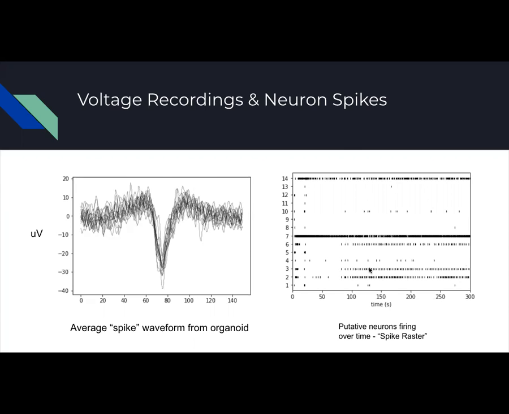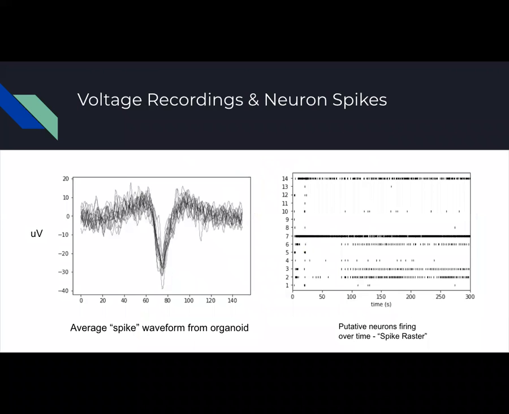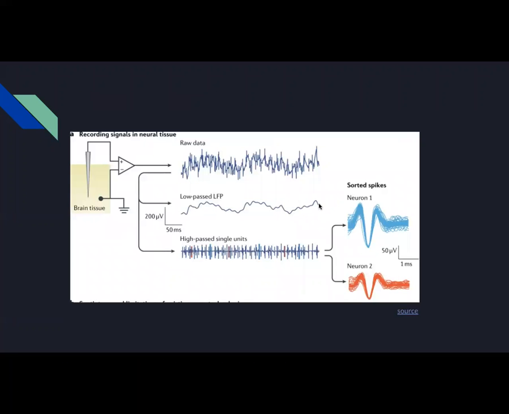And the way we get these signals and these timing diagrams is through an algorithm called spike sorting. This is just a general name for an umbrella of algorithms that try to decompose signals that you might get from an electrode into specific time points of neural firing.